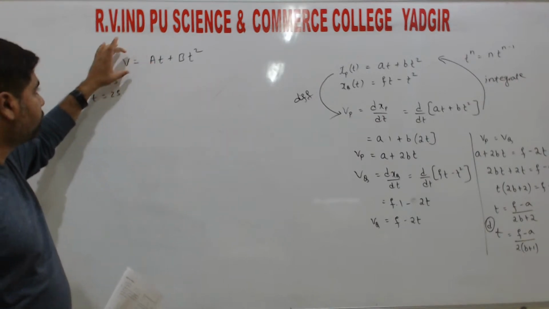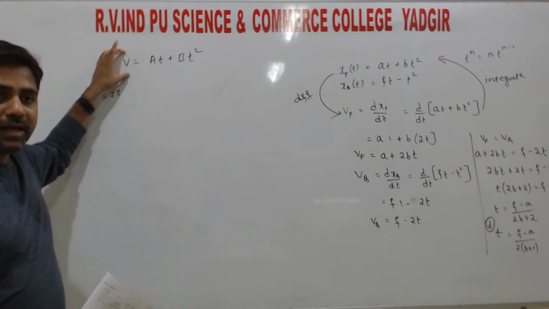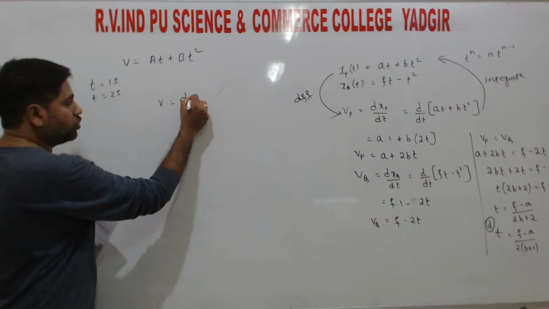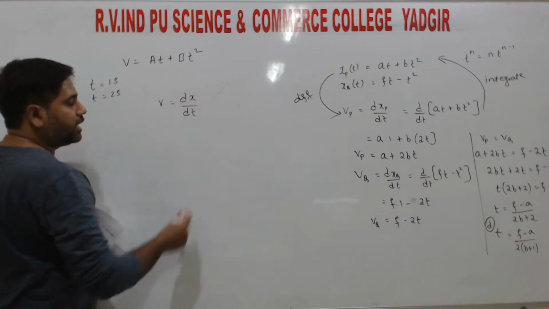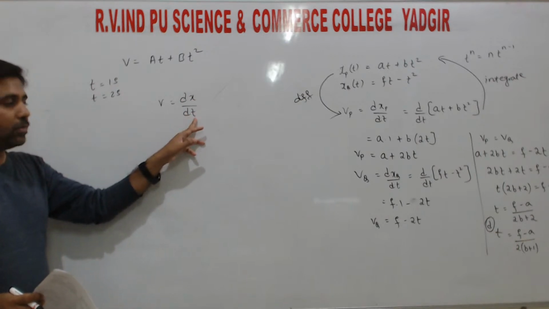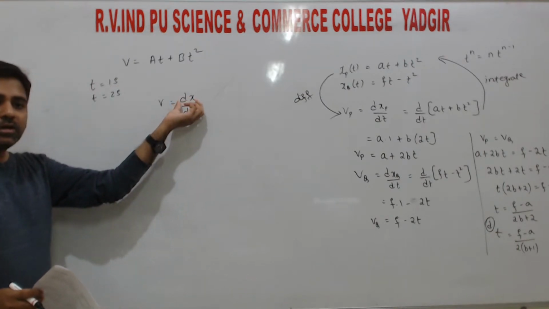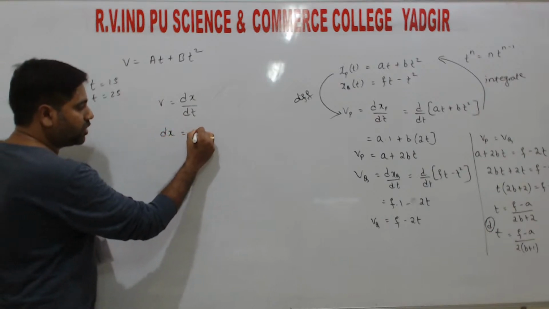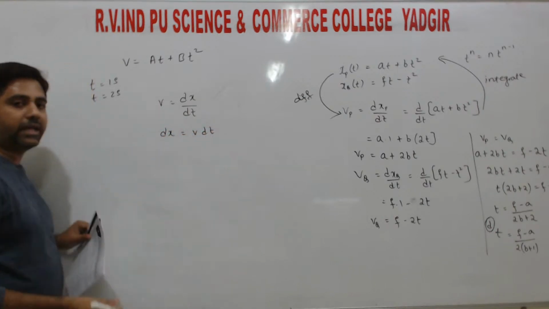Here they have given the velocity and we need to find the displacement. That means we need to integrate this relation. We know velocity is equal to dx by dt or ds by dt, the change in displacement with respect to time. We need only the displacement, so we write dx is equal to v into dt.